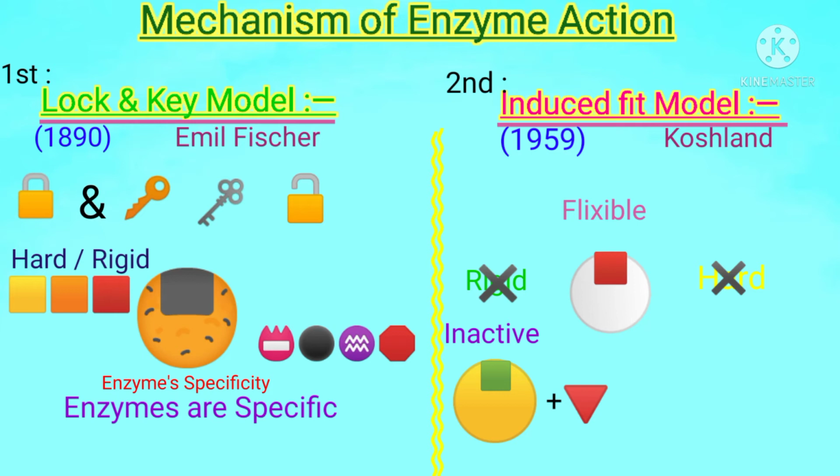So, before the attachment of the substrate to the enzyme's active site, the enzyme will remain inactive, nonfunctional. But when the substrate comes near the enzyme, it induces a change in the enzyme's active site. So, due to this induced change, the enzyme will rearrange its active site in such a way that the substrate molecule will fit into the active site of the enzyme.